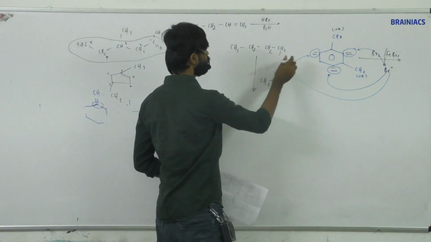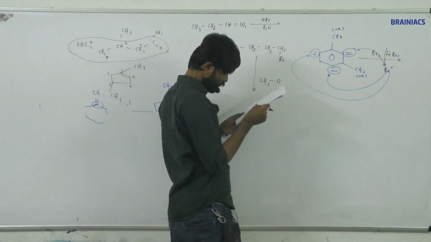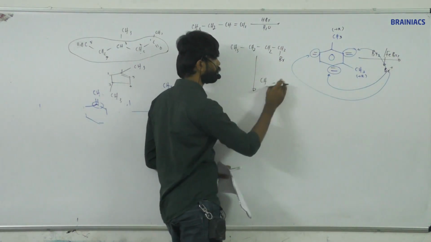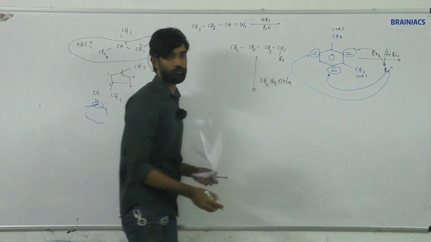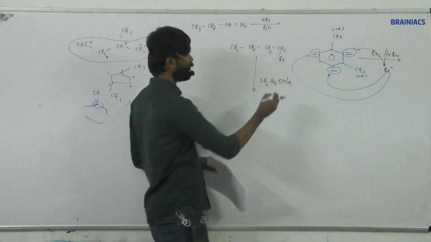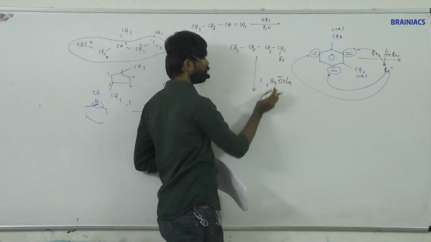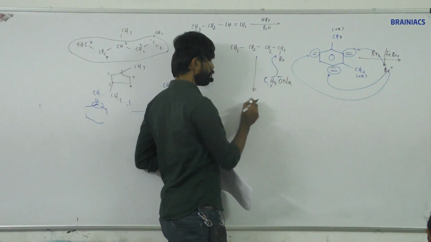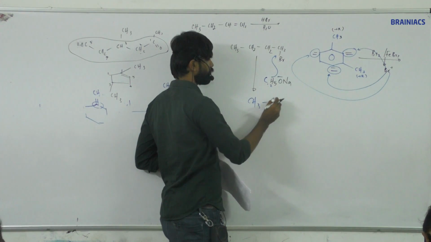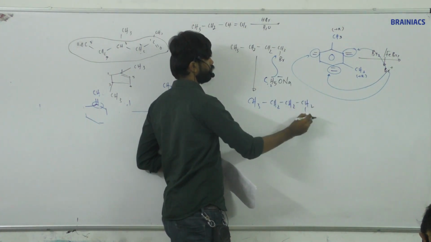Which one treatment is that? Sodium alkoxide. Sodium alkoxide is C2H5ONa. This is a nucleophilic substitution, Williamson synthesis, where the nucleophile is OC2H5, which is substituted here, so that CH3CH2CH2CH2OC2H5.